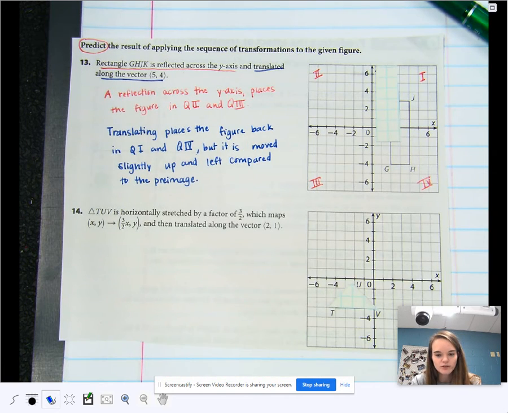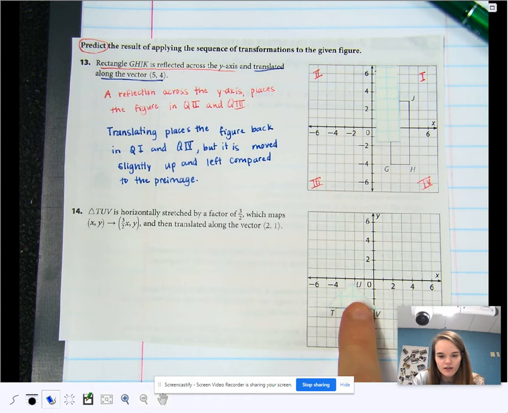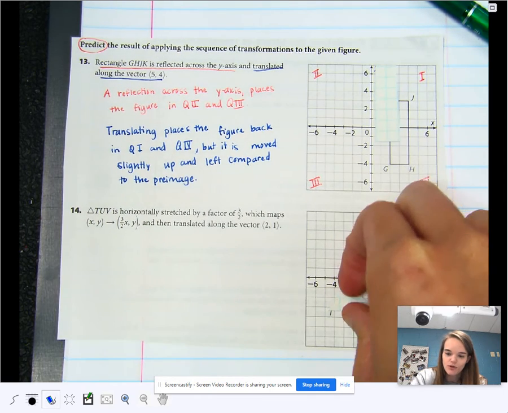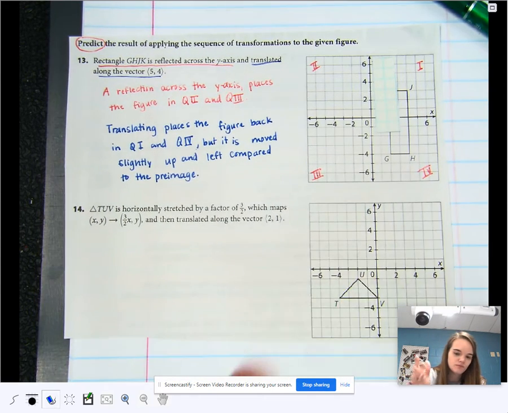Okay, here it is currently. TUV right here is horizontally stretched by a factor of 3 halves, which maps xy to 3 halves x comma y. Man, this isn't really going to work. I got to make it larger. So let's actually just do that.